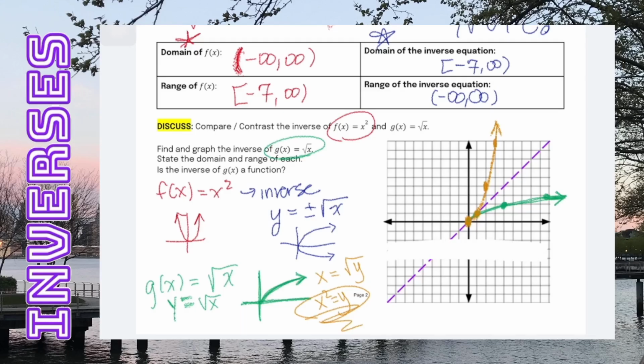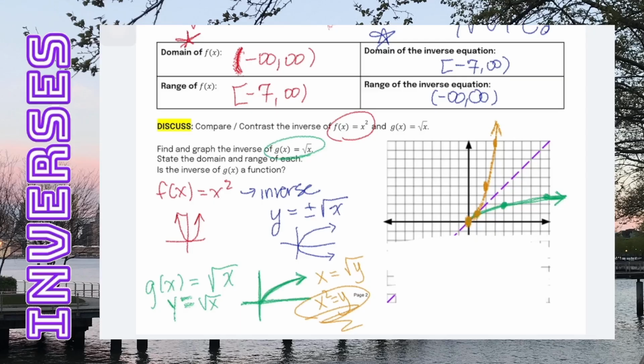So down over here, let's just jot it down, cleaning up some space for us. What are the domain and range of these over here? So first in green, the domain of the square root graph was bracket 0 to infinity.